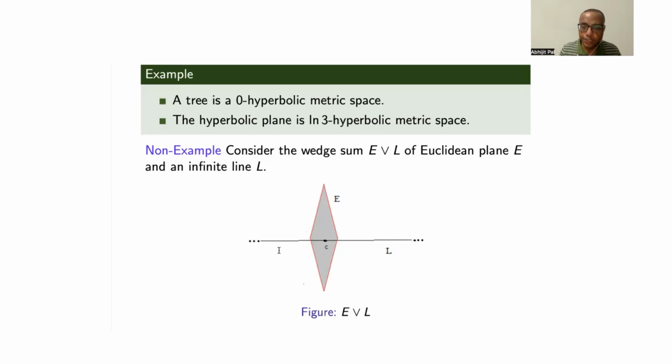Although this space has a part L, which is a hyperbolic metric space, just a tree, the whole space is not hyperbolic.